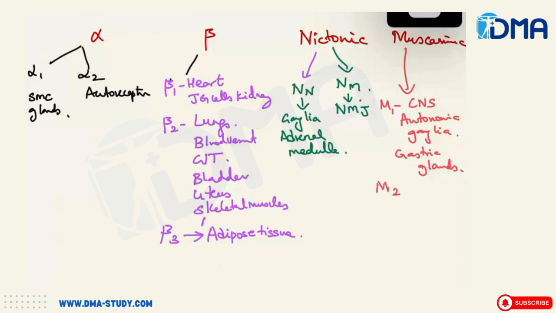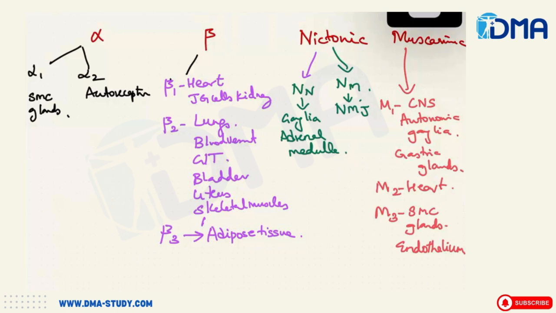M2 will be present in the heart. M3 will be present in the smooth muscle cells, glands, and the endothelium. All right. So this is what is regarding the receptors.